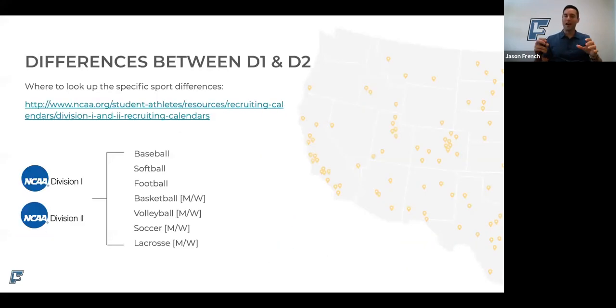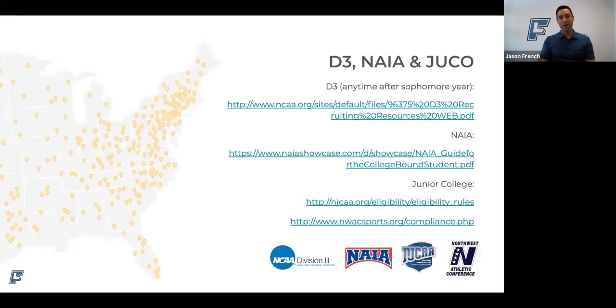By the way, I have a little graphic here on my right-hand side with a little map and all the little location dots. And I'm going to have the same thing here with the D3, NAIA, and JUCO. That graphic is for me to point out to all of you that there are literally thousands of opportunities to play college athletics.